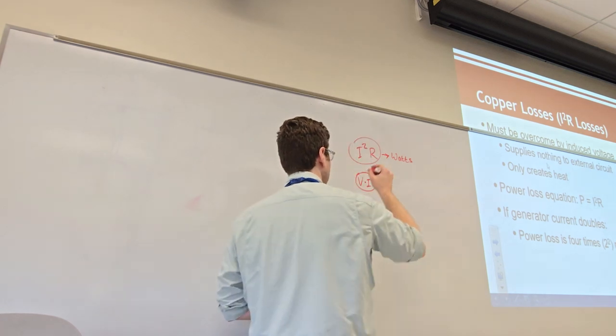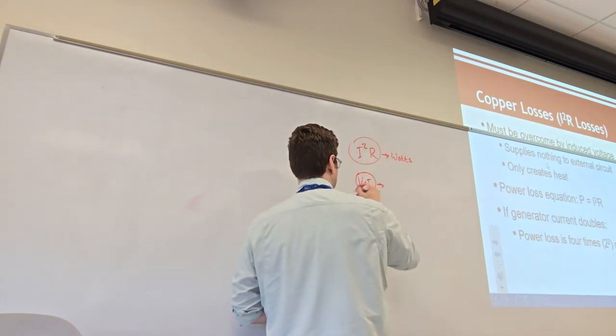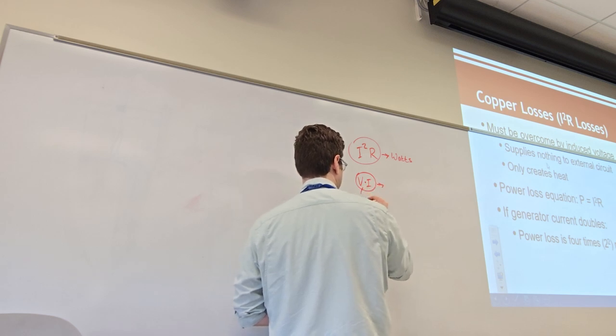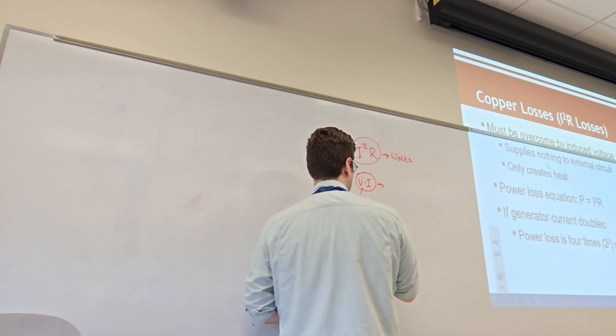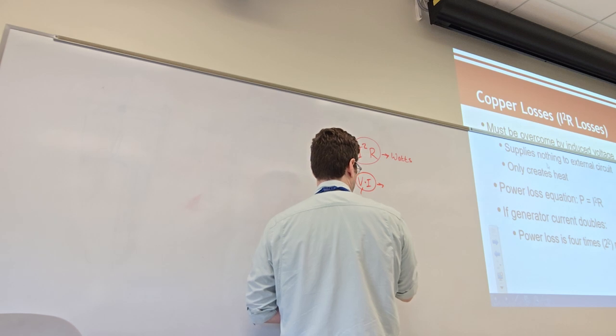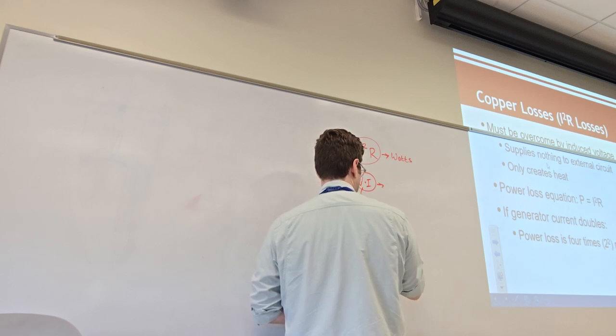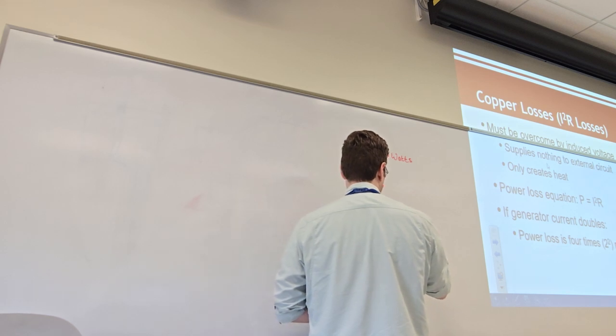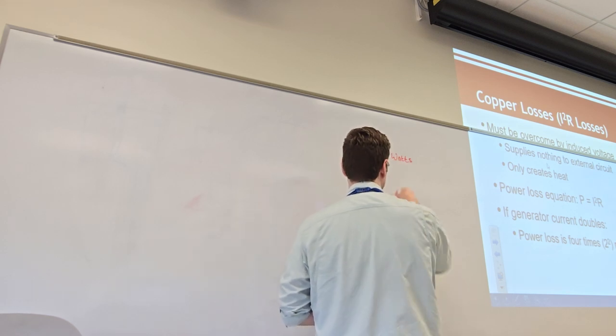But there's another, again, this is just algebra coming from this equation. If we sub out V equals IR, we get IR times I, right? And then I times I is I squared R. So that's how we get that equation.